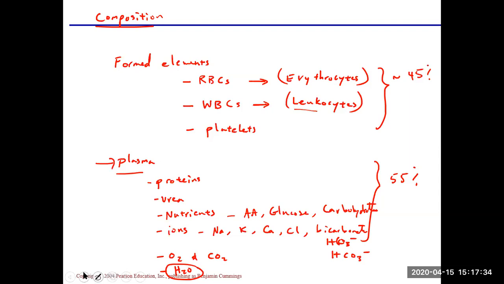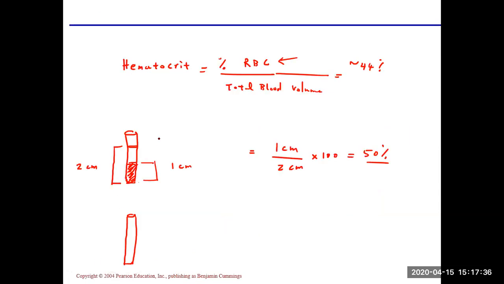So if you wanted to correctly draw a person that is losing water, let's say it's the same person after running a marathon and not drinking water. Through sweat, you lose a lot of water. So now here are your red blood cells.